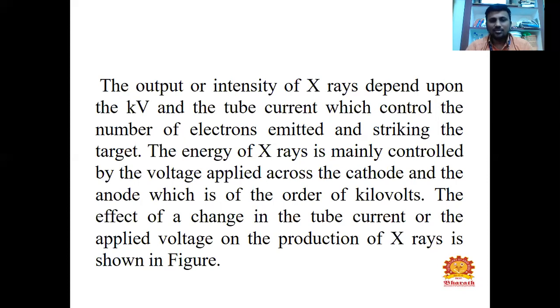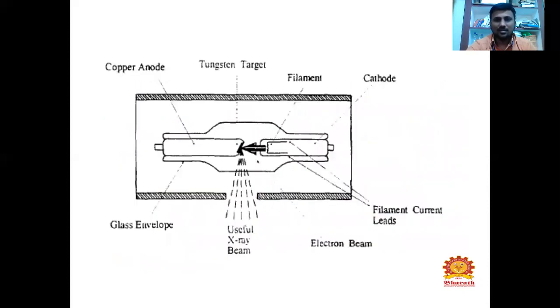The effect of change in the tube current or the applied voltage on the production of X-rays is shown in the figure. See here the major components: copper anode, tungsten target, filament, cathode, filament current leads, electron beam, and glass envelope.